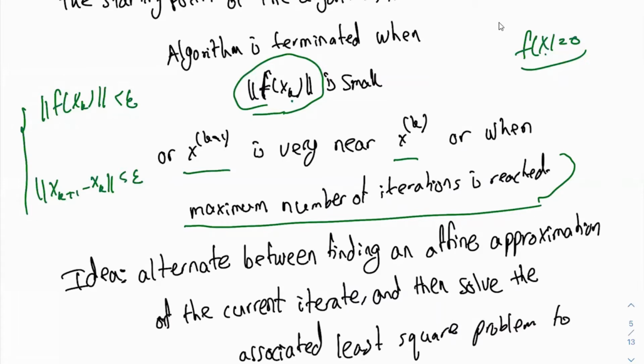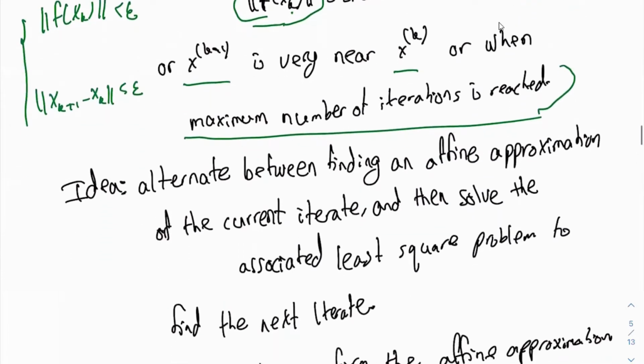It's a two-step process. Step one, you find the affine approximation of your nonlinear equations. Remember, you want to solve a system of nonlinear equations. First, you linearize that. You find the affine approximation.